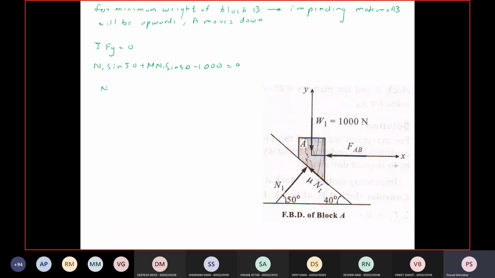So find out N1. Nu will be tan 20. And summation Fx is equal to 0. So N1 cos 50 minus nu N1 cos 40 minus FAB is equal to 0. So FAB is the force in that horizontal member, the horizontal rod.